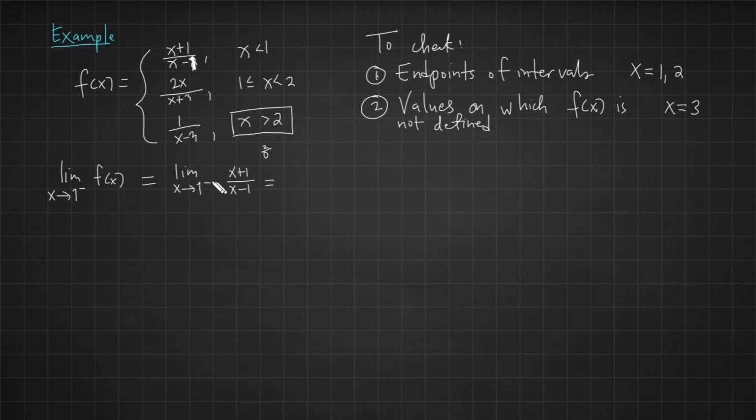For example, 0.99 is a number which is less than 1. So 0.99 minus 1 is negative. So we have 2 divided by 0, and the denominator approaches 0 from the left. So therefore, yung limit natin ay negative infinity.